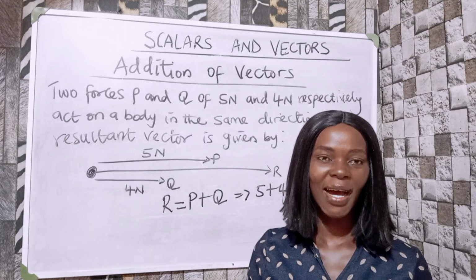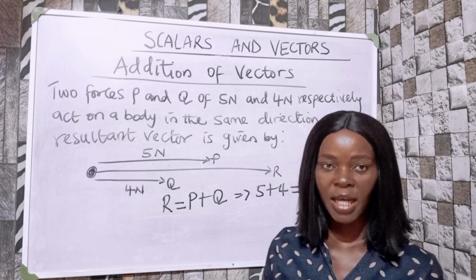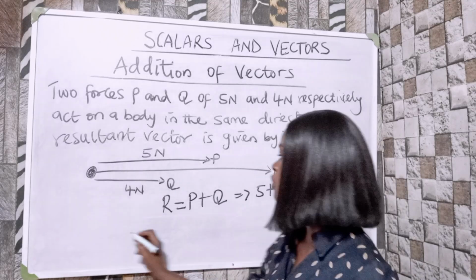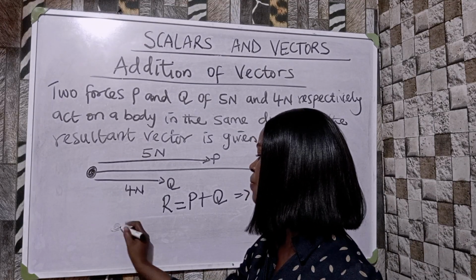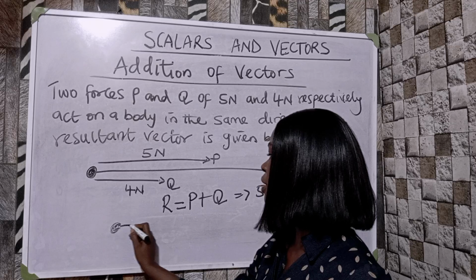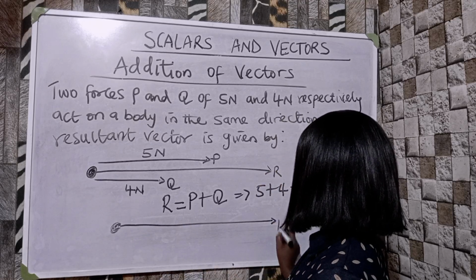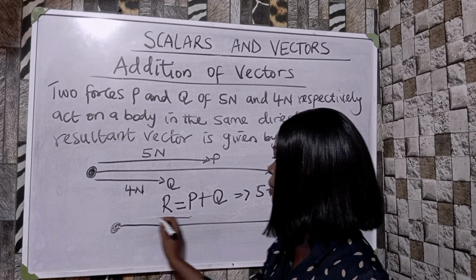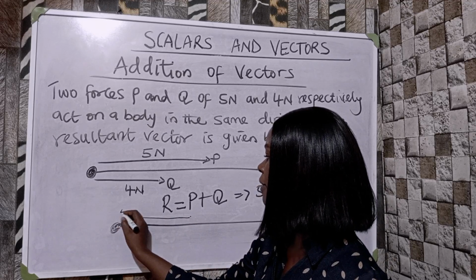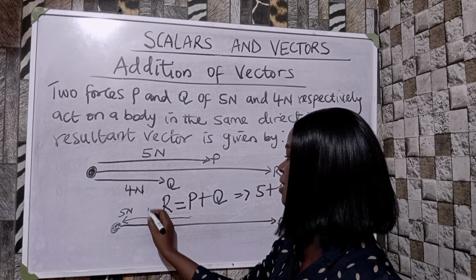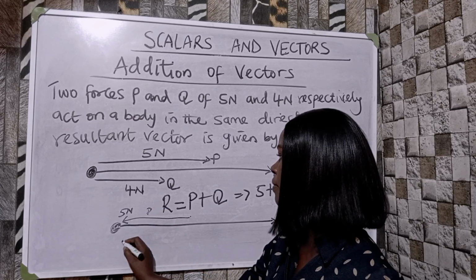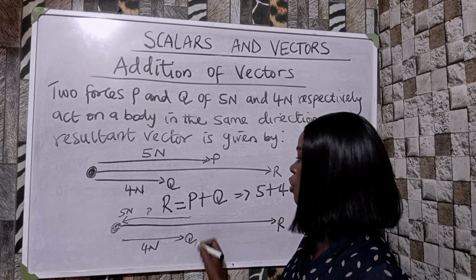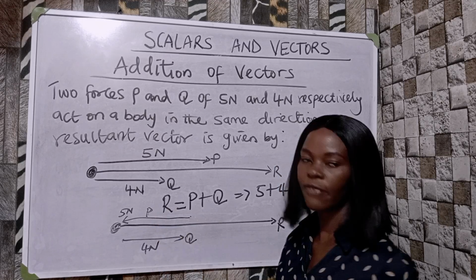So let's assume they are acting in opposite directions to each other. What will be the resultant vector? Let me draw the diagram to show you. I have P going this way, 5 Newton, that is P. Then I have 4 Newton, that is Q. What will be the resultant vector?